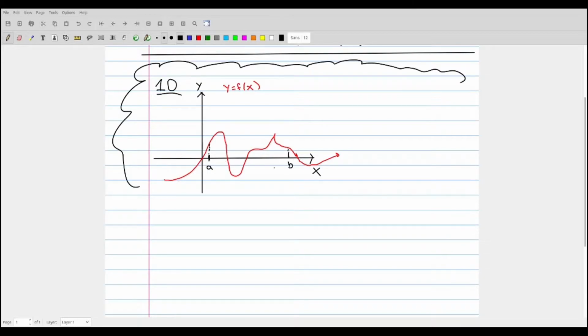So on this interval from a to b, this function looks like it has 4 critical points: x1, x2, x3, then x4 right here. And these are all critical points of the function because they're all points where either one of two things is true.